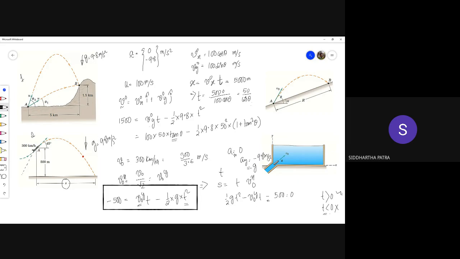You should take the positive value of t. Of course, the moment you see a negative value, you'd be discarding that. But the explanation for the negative value is that, for the information you have provided to your mathematical tool, it can also predict a situation where it was released in the past from the ground itself, and moving as a projectile, at A it happened to have that velocity and that 45-degree angle with the horizontal. Okay, so this also you can solve, right?